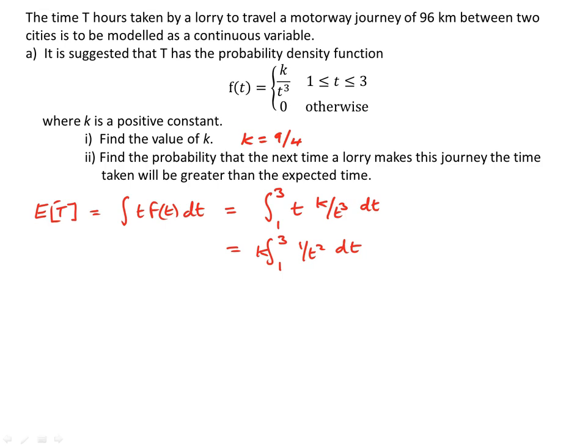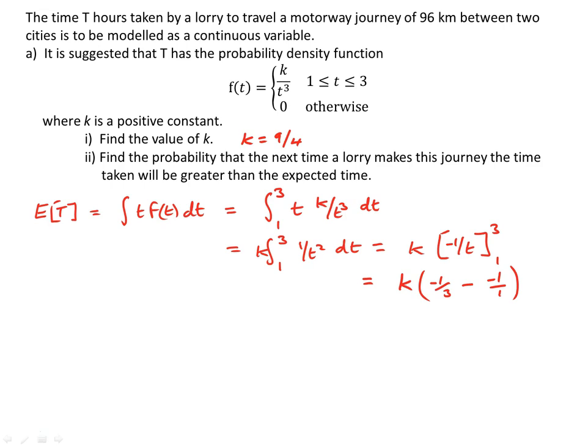The k can be pulled out. The t times 1 over t cubed simplifies to 1 over t squared. So we've got k times the integral between 1 and 3 of 1 over t squared. The integral of 1 over t squared is minus 1 over t. Insert the limits. We've got k times minus a third minus minus 1.